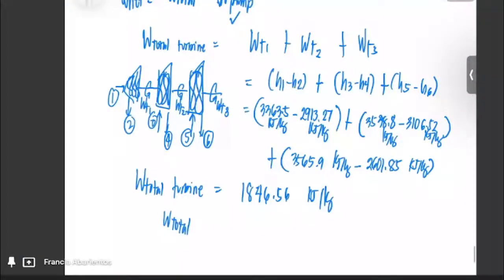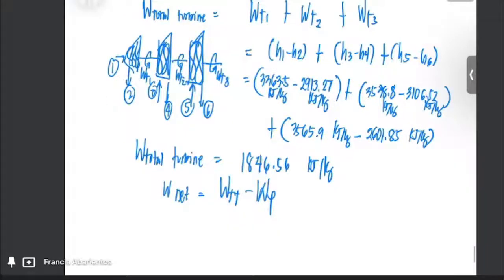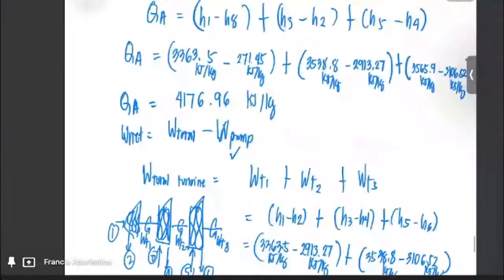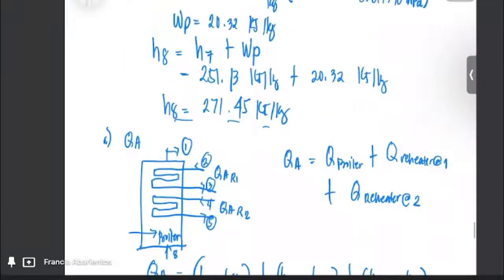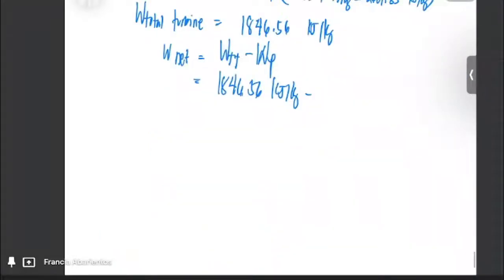So, finding now the total work, the work net. Ayan. Total ng turbina minus yung work ng pump. We have this. Work ng pump, 20 point something yun. 20.32.